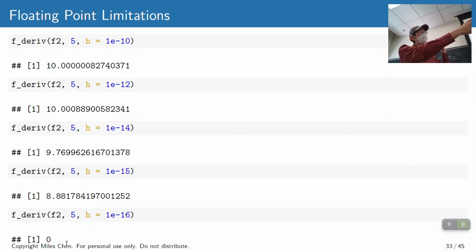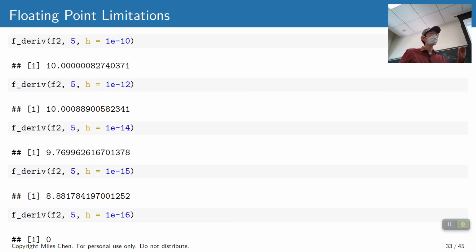You have 52 bits in the mantissa, and that corresponds to around 16 places of accuracy. So when you do something like 5 plus 10 to the negative 16, I think the computer has a hard time distinguishing between 5 and 5 plus 10 to the negative 16 and 5 minus 10 to the negative 16. In fact, the computer sees these things as equal, right?